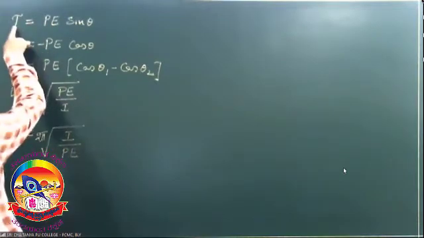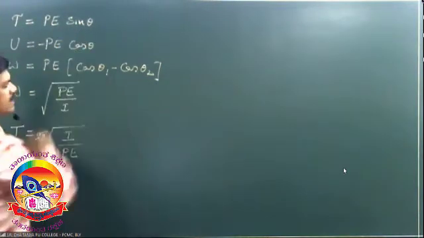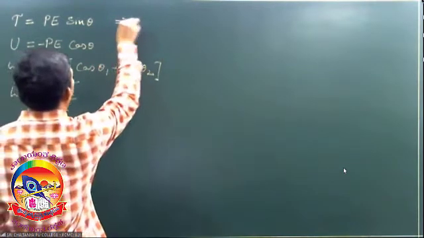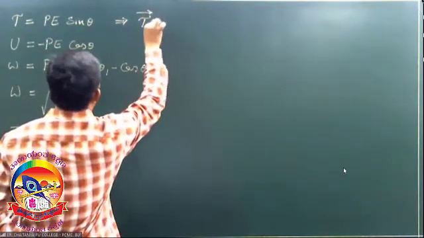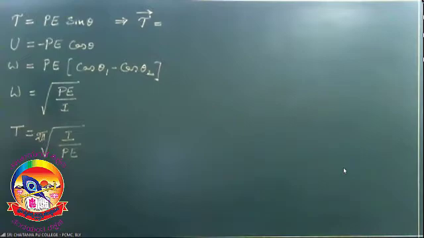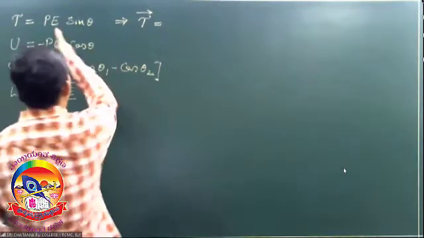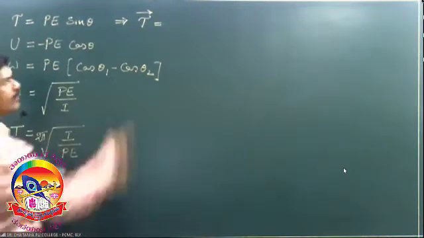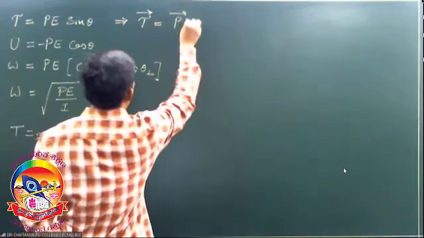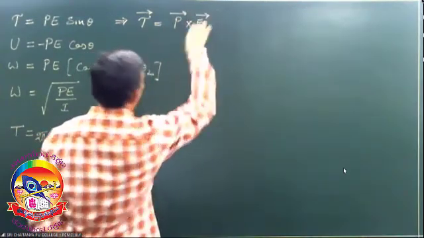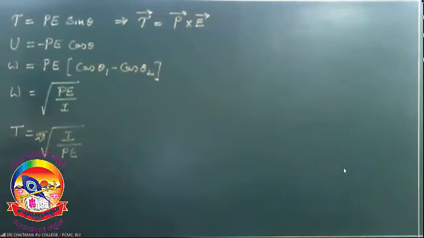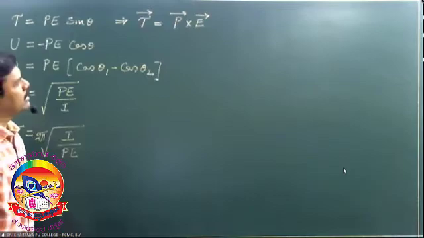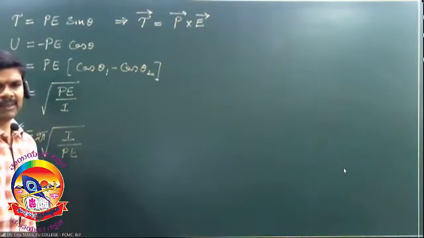These we discussed in the previous classes. See, torque acting on the dipole, PE sin theta. Sometimes they ask this torque in vector form, because torque is a vector. Its magnitude is PE sin theta. Torque is P cross E. P is the dipole moment vector, E is the external electric field vector, right?